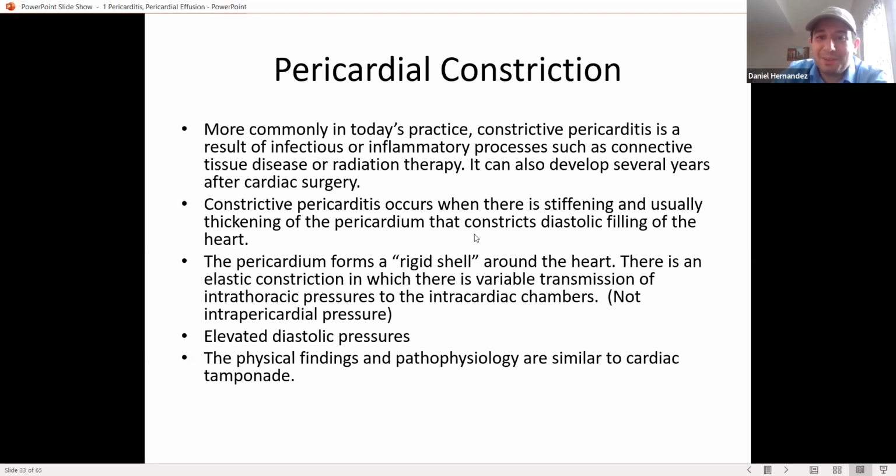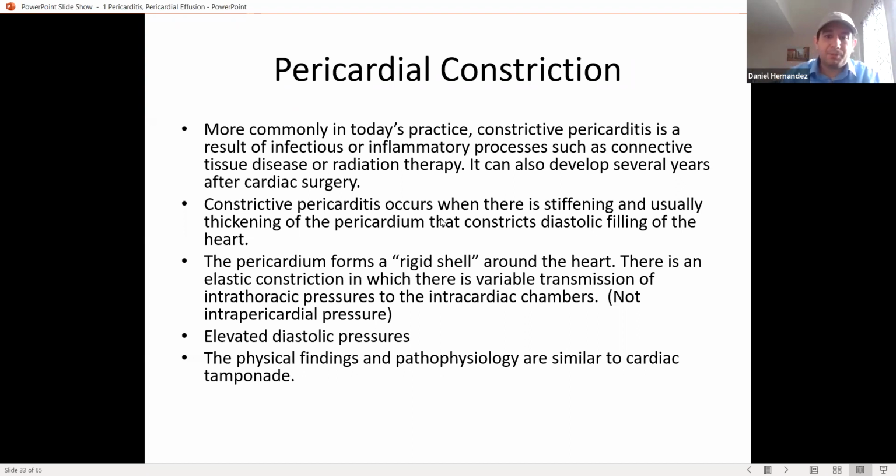Constrictive pericarditis occurs when there's stiffening of the pericardium, usually thickening of the pericardium that constricts diastolic filling of the heart. So again, this is an issue with the diastolic filling of the heart, similar to restrictive cardiomyopathy. Just remember that the difference with restrictive cardiomyopathy is that it affected the myocardium, whereas this is the pericardial layer.